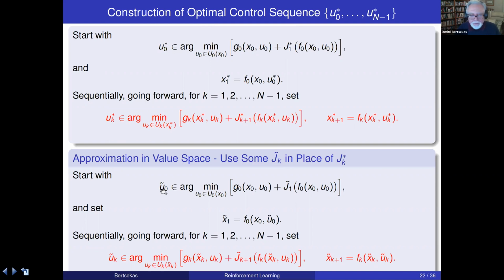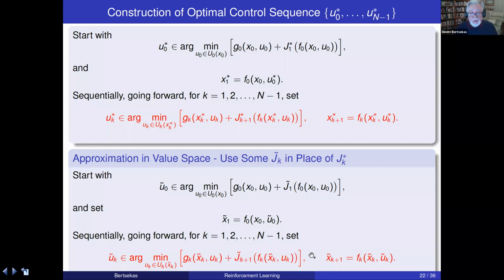Generate the first control, then generate the corresponding state, and go forward, generating all the controls and states. I have to do only one minimization at every stage for only one state. This is convenient. Once you have calculated this J tilde, then it's not so difficult to calculate a suboptimal control sequence by means of this process.